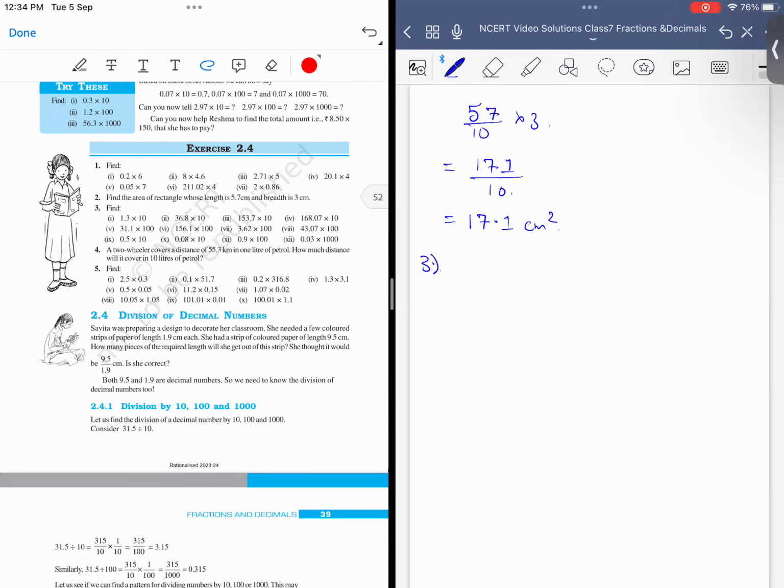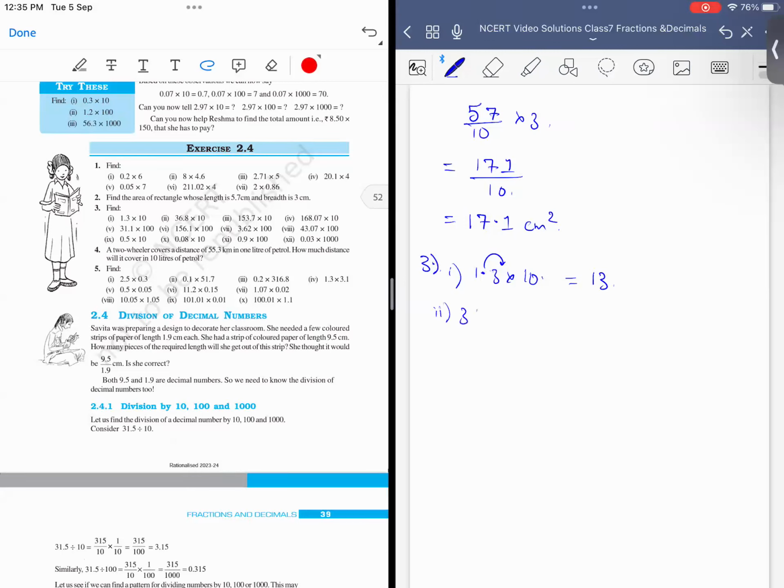Question number 3, find first one 1.3 into 10. So when we multiply a decimal by 10, the decimal shifts towards what? In multiplication, the decimal shifts towards where? Towards right. And how many places? One place. That is 13.